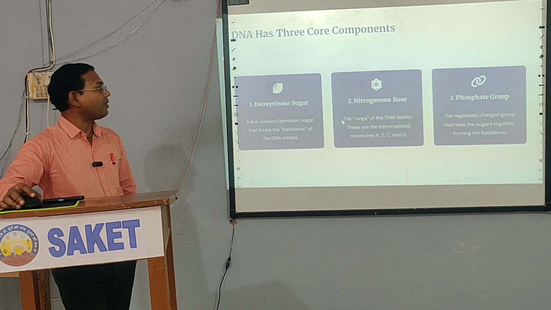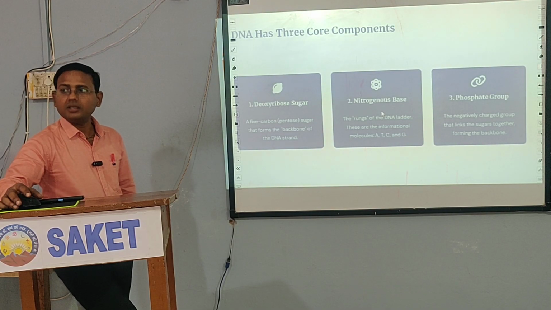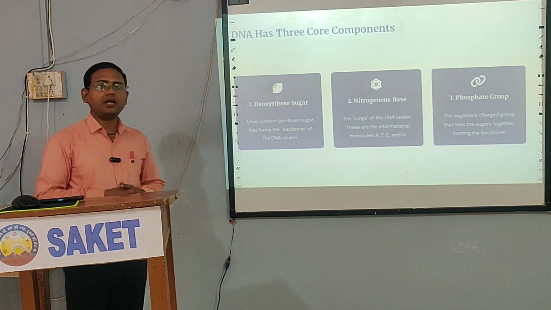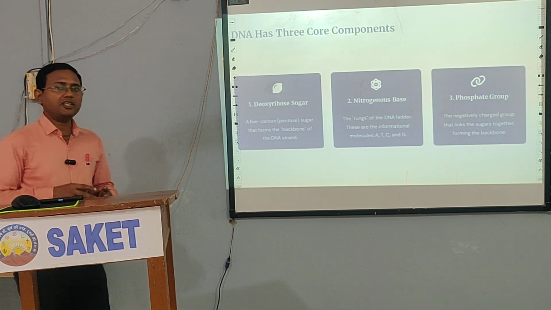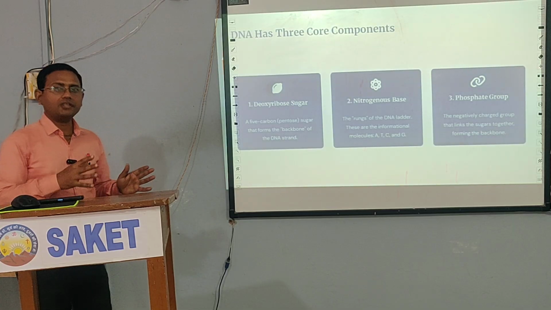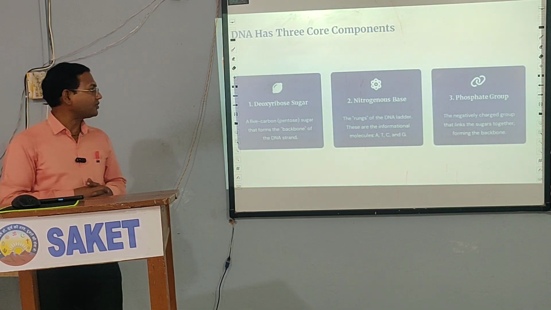The second major component is the nitrogenous bases. We have two categories of nitrogenous bases, purines and pyrimidines, and these form the rungs of the DNA ladder. We will see all these things in detail in upcoming slides.